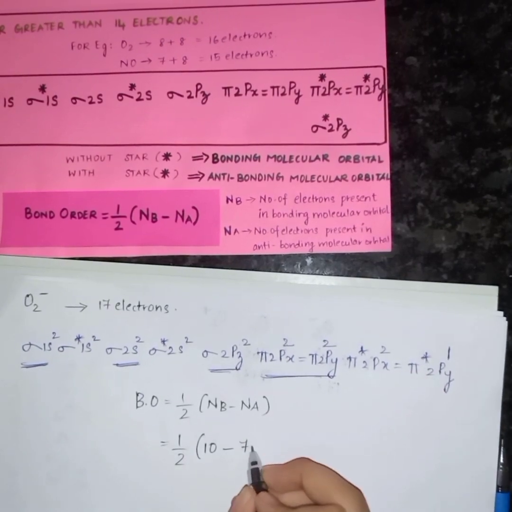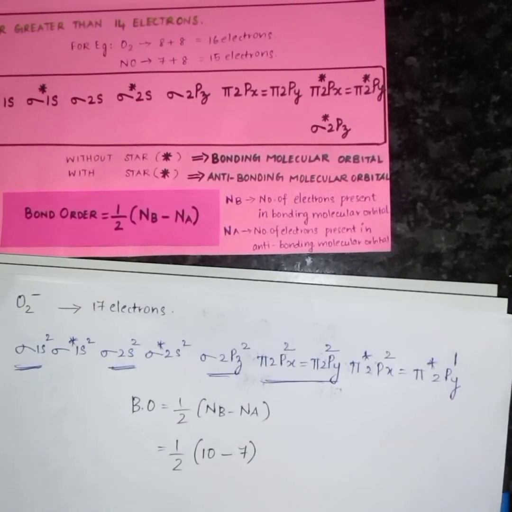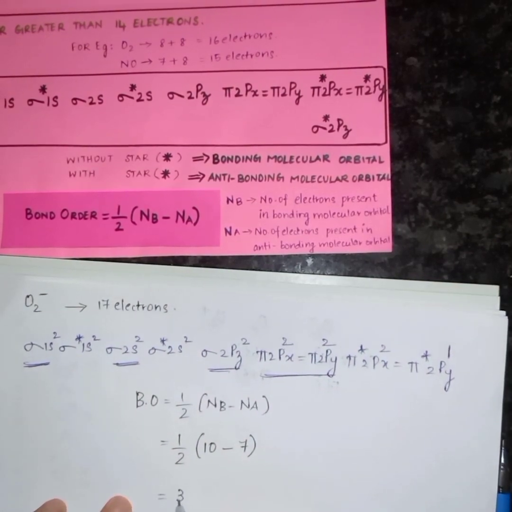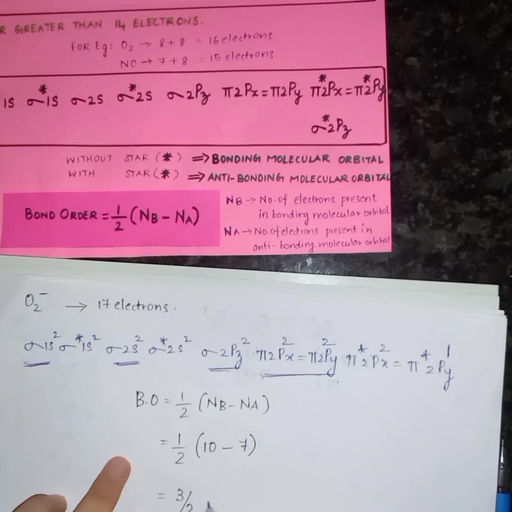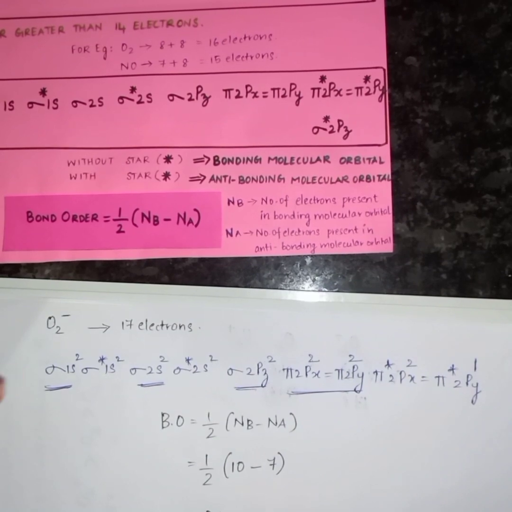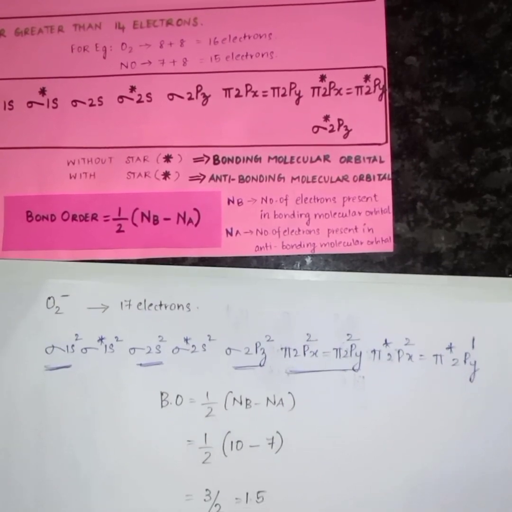Totally 7 electrons are present in the anti-bonding molecular orbital. So 3 by 2 is the answer, which is 1.5. Therefore, the bond order of O2 minus is 1.5.